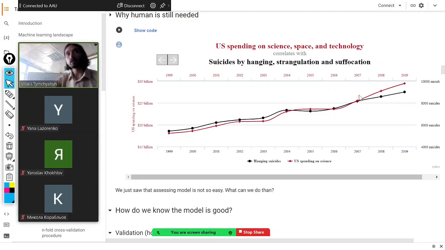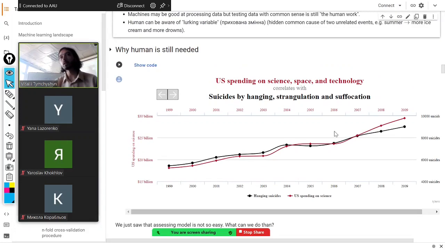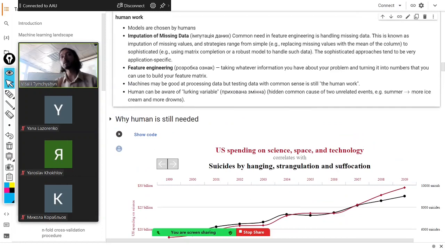So probably the machine will tell you that that is a good correlation, that there is some connection between the things. But only a human can look at it and tell, no, it makes no sense. It just happened. It's just a random thing. It just happened that these points are aligning so well. But they can't have anything in common.